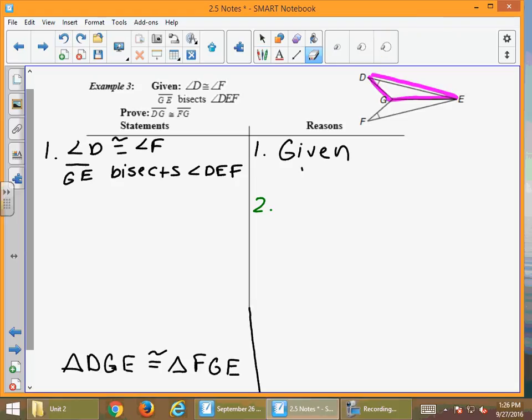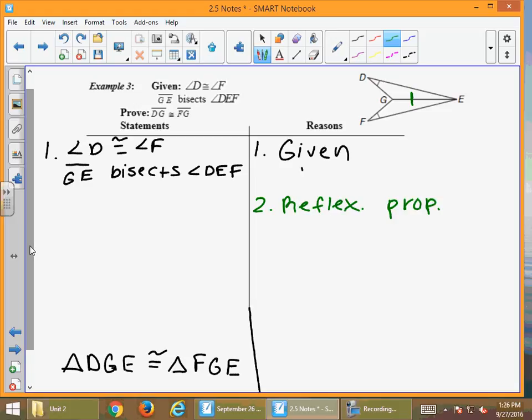Yeah, we have that reflexive property because they're sharing a side. They're sharing this side right here. So make sure you mark that in your diagram. And because they're sharing a side, it's automatically going to be the reflexive property. Very good. We know that's also going to be a reason because we have this vocab word, bisects.